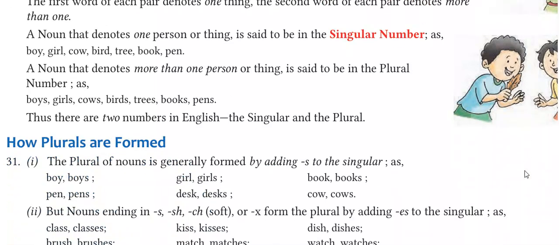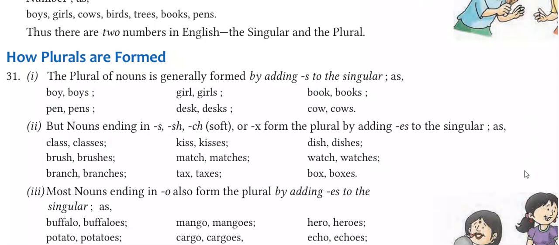Let's move ahead and see. There are two numbers in English, the singular and the plural. How are plurals formed? In this discussion we will see the basic rules through which we can make plurals from singulars.